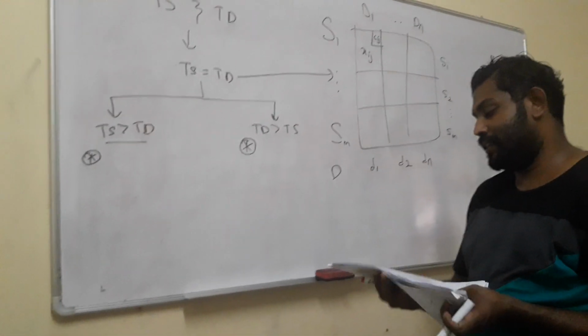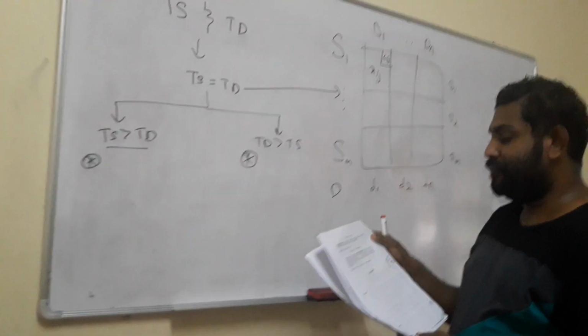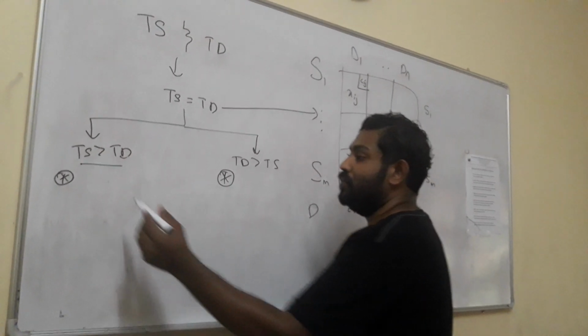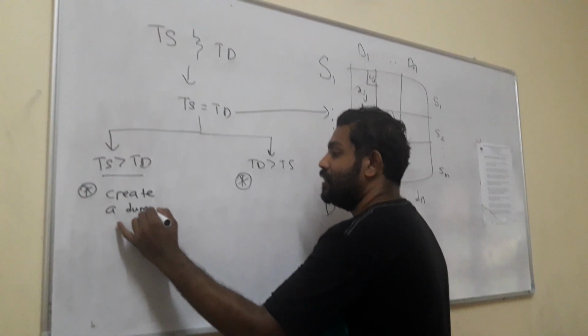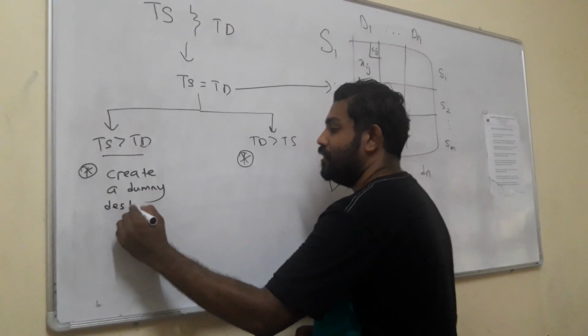For the first case, where total supply is more than total demand, as we can look on page 142, we need to create a dummy destination.